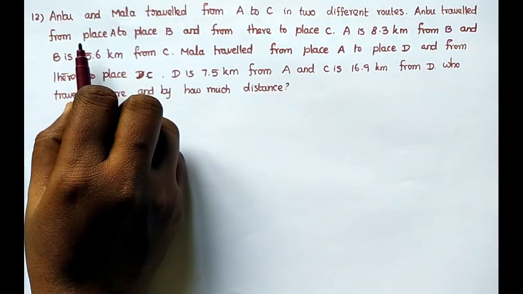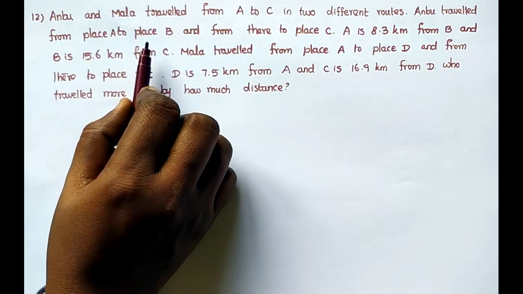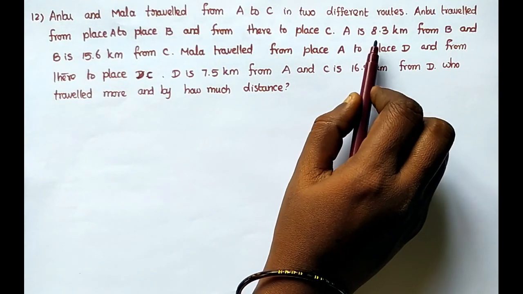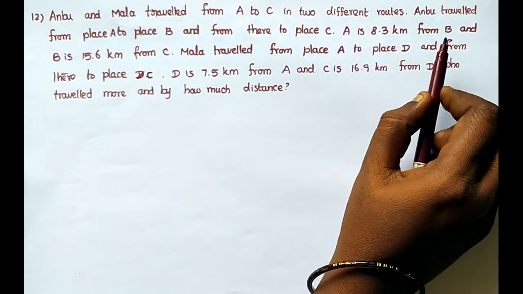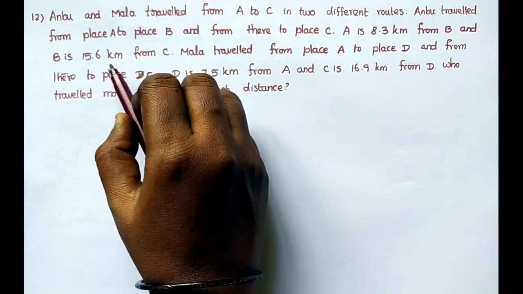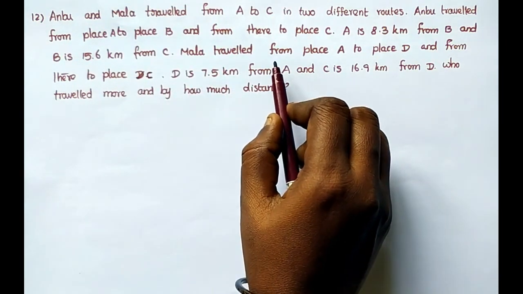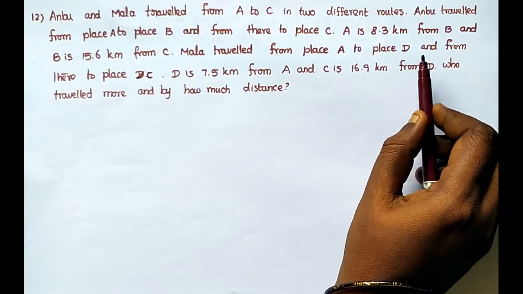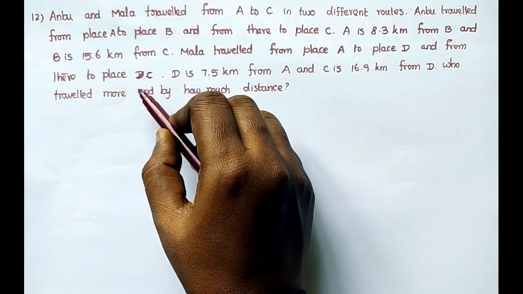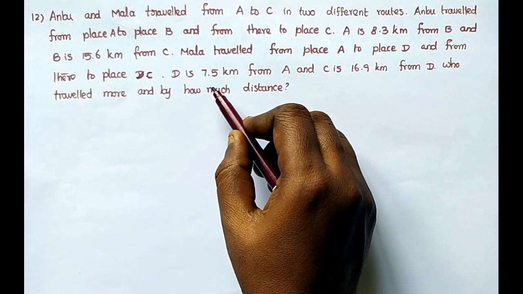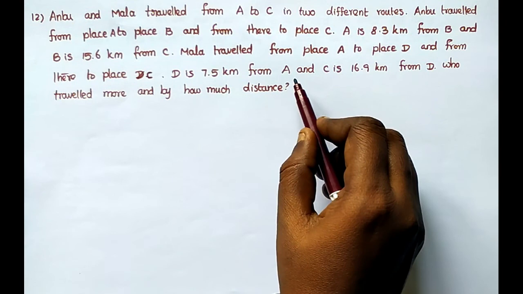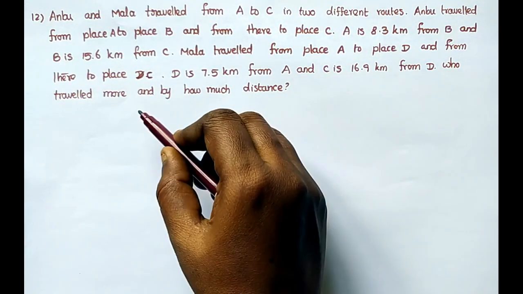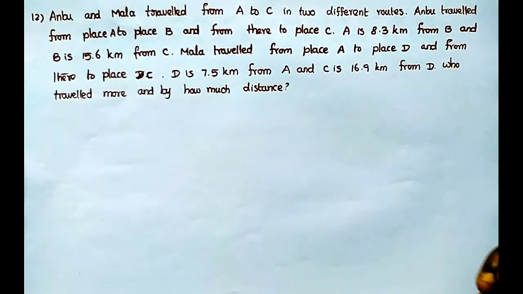Anbu travelled from place A to place B, and from there to place C. A is 8.3 km from B and B is 15.6 km from C. Mala travelled from place A to place D and from there to place C. D is 7.5 km from A and C is 16.9 km from D. Who travelled more and by how much distance?